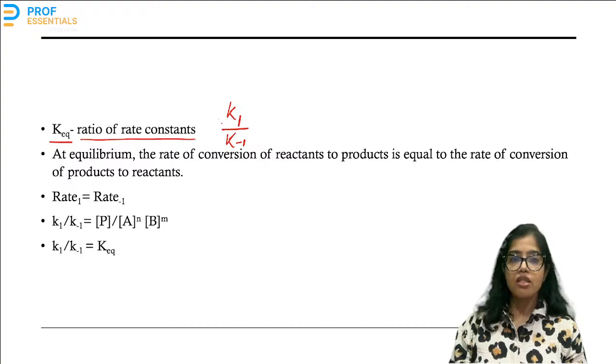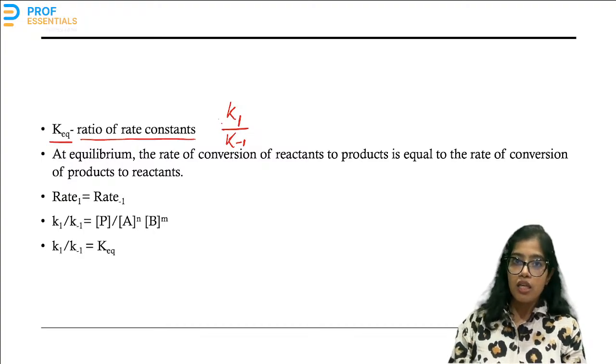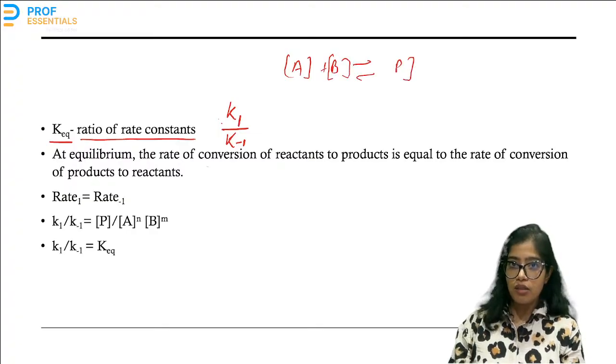Got it? So this is the ratio of rate constants, that is A plus B is going to produce the product. This is K1 and this is K minus 1. So K1 upon K minus 1 is equal to K equilibrium.